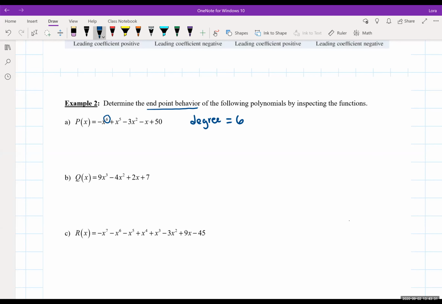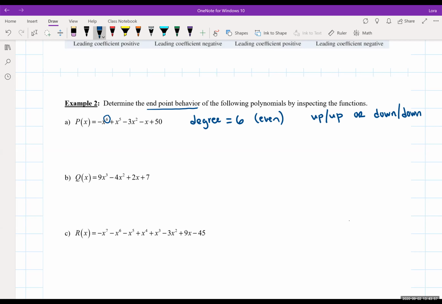And 6 is an even number. So we have an idea at this point. This is going to narrow down our end behavior as both ends pointing in the same direction. So we could either have up, up, or we could have down, down. At least we've narrowed it down to 2 choices.